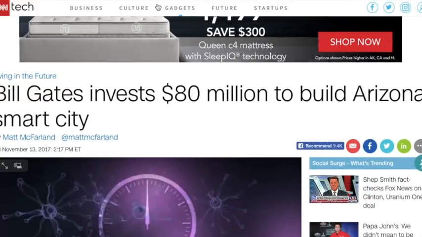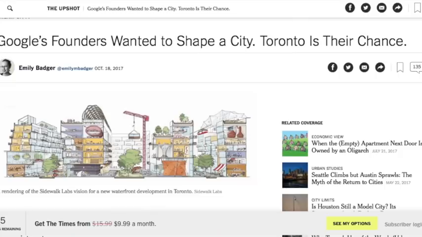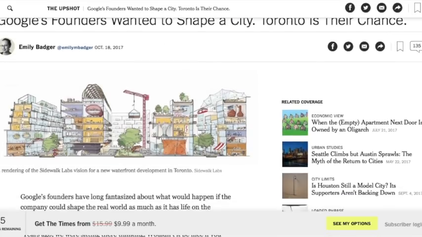And I'm telling you that because it's obvious. Okay, watch Logan's Run. That's the point of that movie. So why does Bill Gates, and it's not just Bill Gates, guess who else? Google's founders want to shape a city. So they want to redo Toronto as a smart city. And what's going to happen is you're not going to have cars.